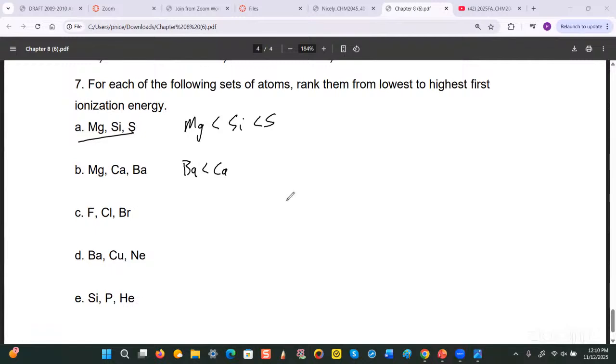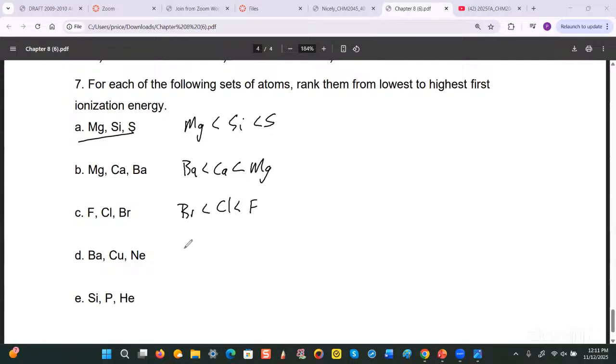Yes, Miss Anwar. Yes, you're correct. So it's barium, calcium, and then magnesium. Okay, very good. And then the next one, which would be the lowest first? That's bromine. Bromine, followed by chlorine, followed by fluorine. Okay, very good.